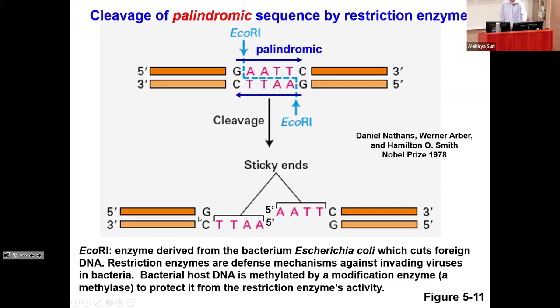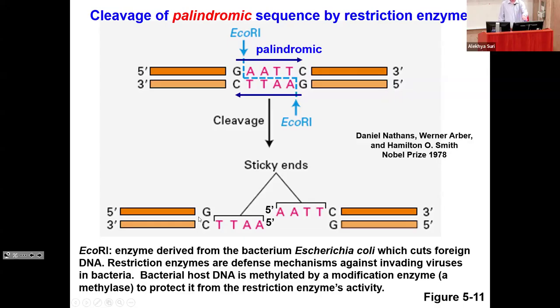When you look at the bottom strand and read it in the reverse orientation, you will see GAATTC. So when you look at the first strand and the second strand and read in reverse orientation, you will see it's the same sequence.